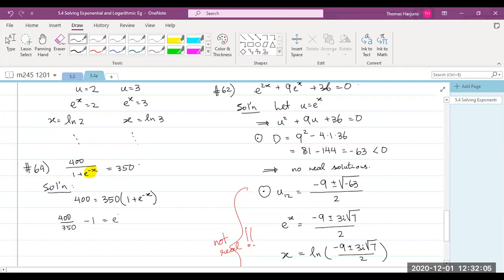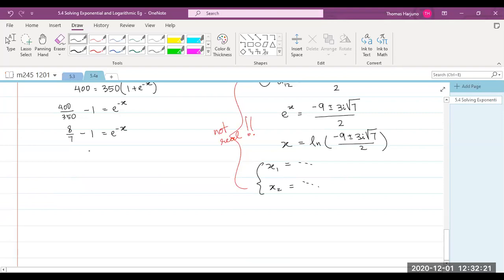That gives me e to the negative x. So that's 8 over 7 minus 1 equals e to the negative x. By the way, 8 over 7 minus 1 is what? 1 over 7. So natural log of 1 over 7 is negative x. But natural log of 1 over 7 is negative natural log of 7.